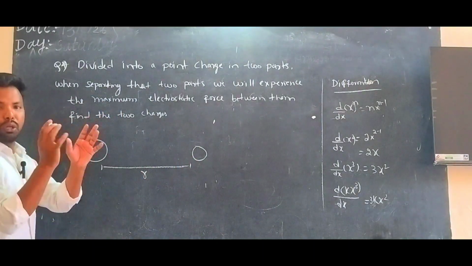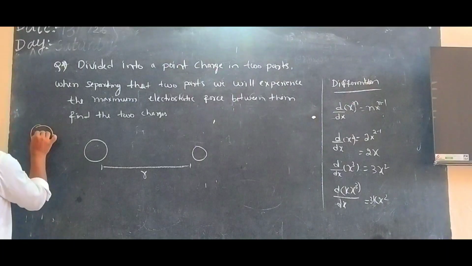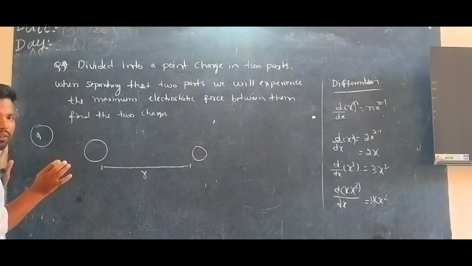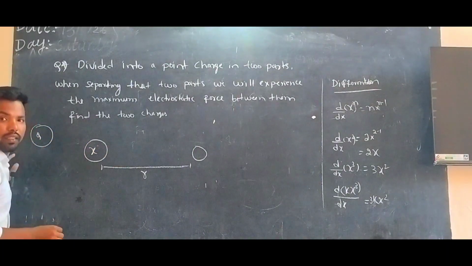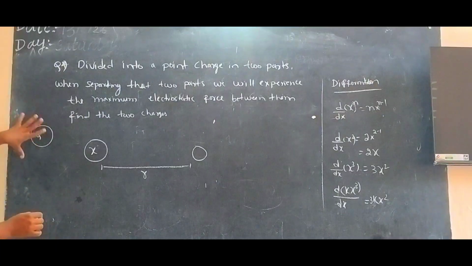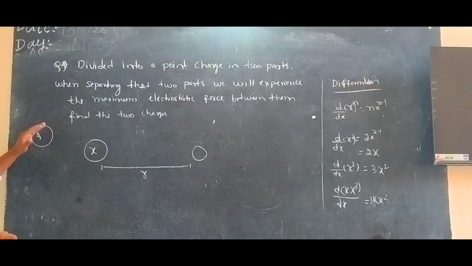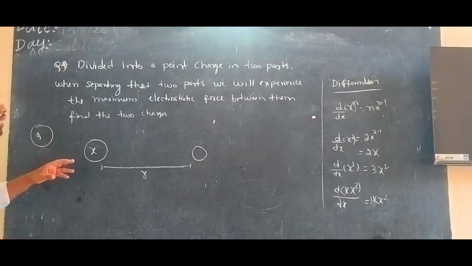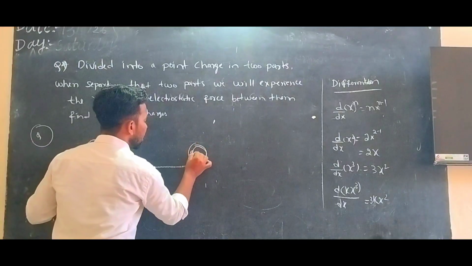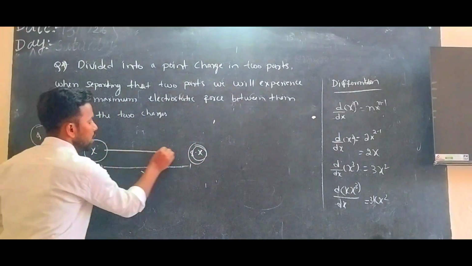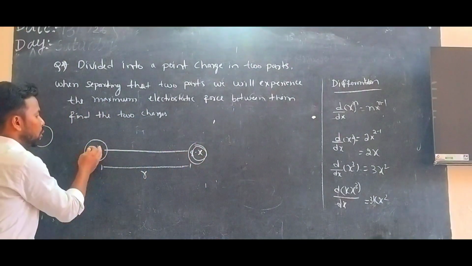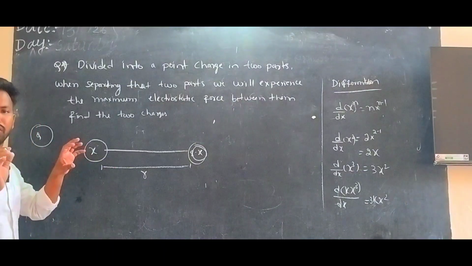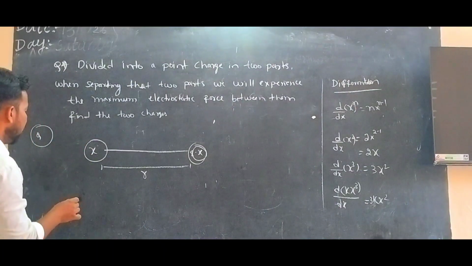Let us take two parts of charges separated by distance r. One full charge is q. Divide it into two parts: if one part is x, what is the other part? Total is q, so the other part is q minus x. These are separated by distance r. So now apply Coulomb's law.